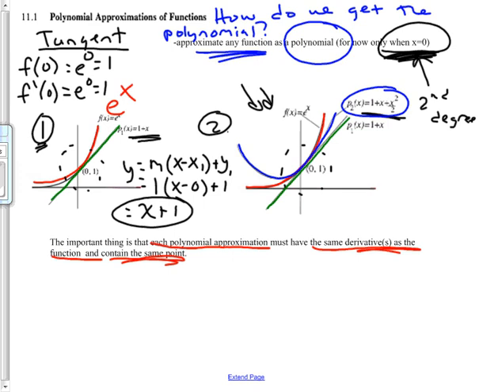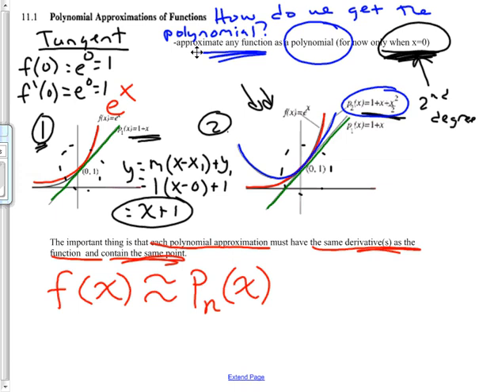So let's start doing a little bit of work here. What we're doing is we're saying we have some function f, and we're going to approximate it as a polynomial function of degree n.